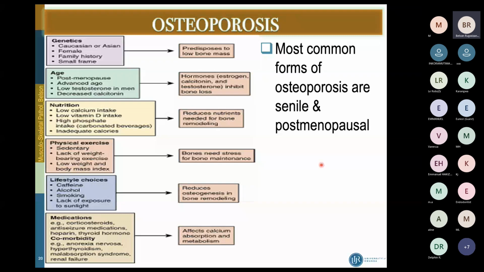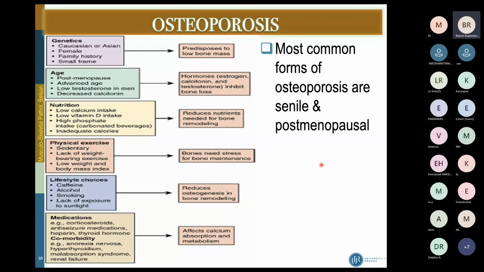So of course you can ask, how can we differentiate this from osteomalacia? So you will need to combine investigations, laboratory investigations, X-rays, history, and so you will have to combine these ones.